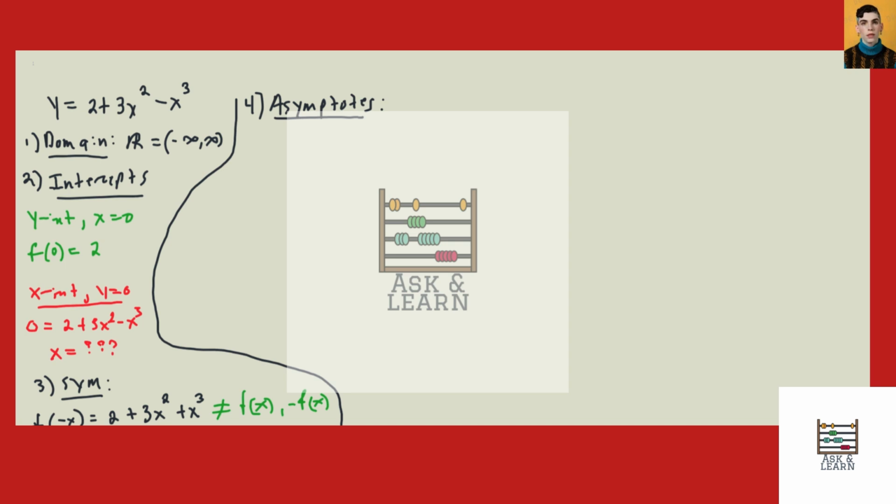So let's go ahead and check what the limit as x approaches infinity of f of x is going to be. And I keep saying f of x, which is just supposed to be our y over here.